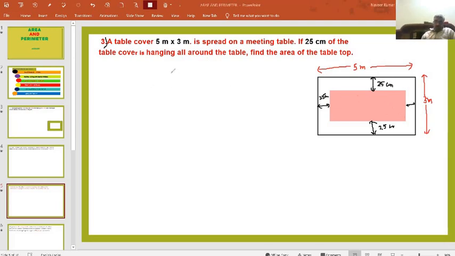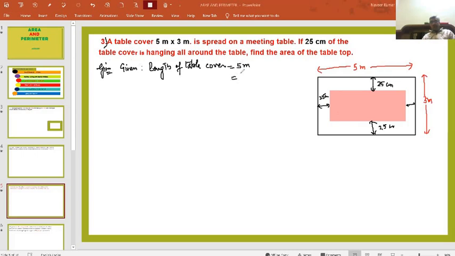First of all we will write down here, given: the length of the table cover is equal to 5 meters.